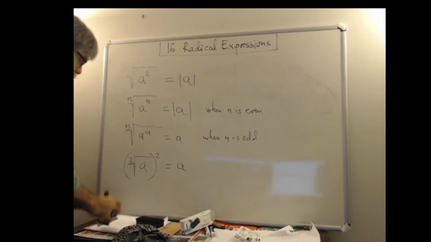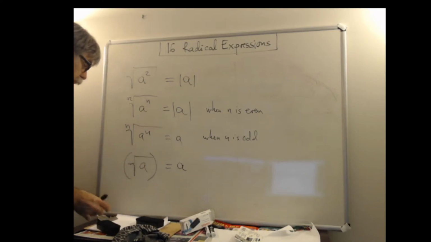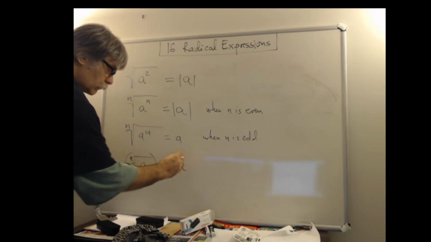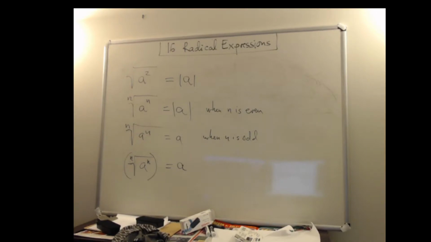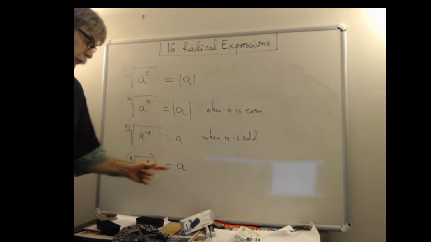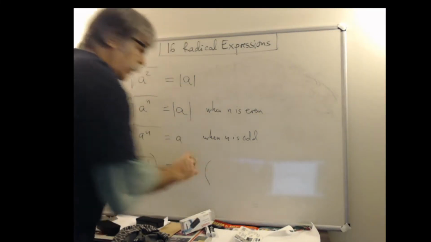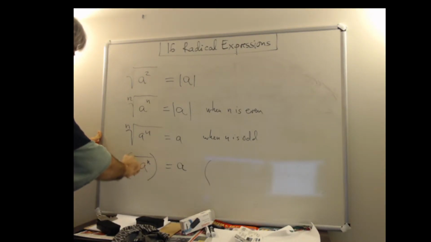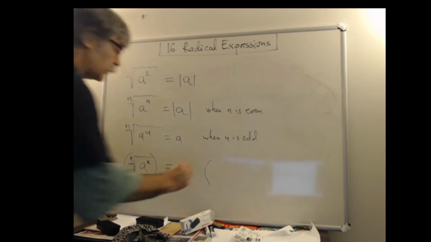This also works for any other radical. If you make an nth power, then you take the nth radical, you end up with what you started with. I might want to write it in parentheses just in case, if you need to be reminded that a radicand must be non-negative if n is even.